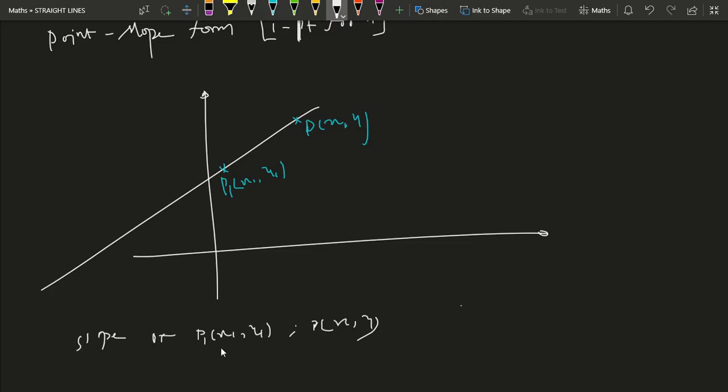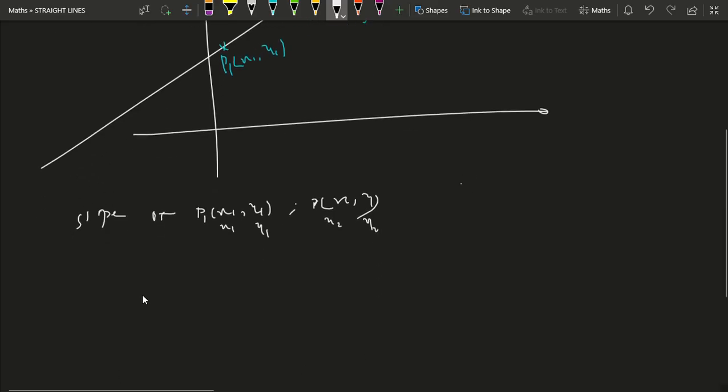So this is x1, this is y1, this is x2, this is y2. What is the slope formula? m is equal to y2 minus y1 divided by x2 minus x1. So m is equal to y minus y1 divided by x minus x1.